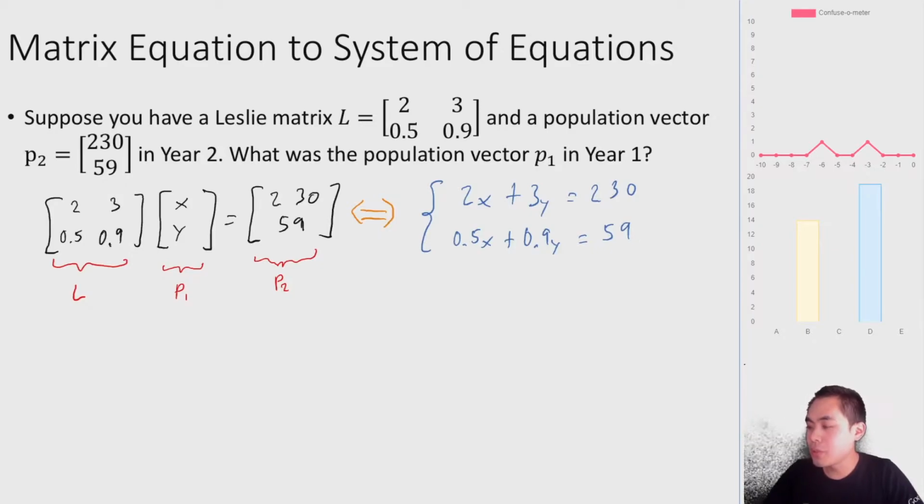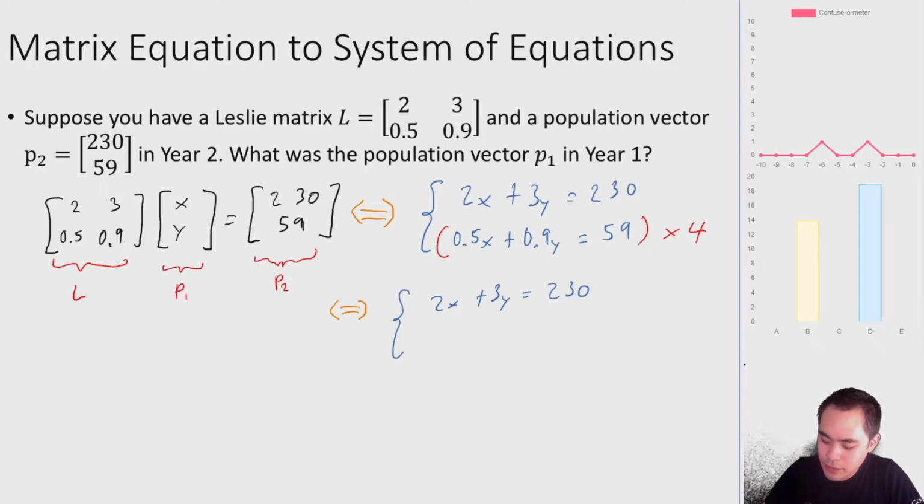Now, there are many different ways of solving systems of equations, some of which you guys probably already know. Here, we're going to do something relatively easy, which is I'm going to multiply that entire second equation by 4. So this is going to remain an equivalent system because you are allowed to do that. And so then what you're going to end up with is 2x plus 3y is equal to 230, and 2x plus 3.6y is equal to 236.